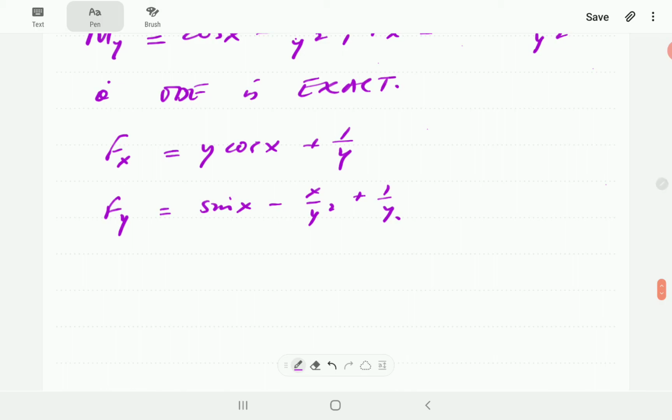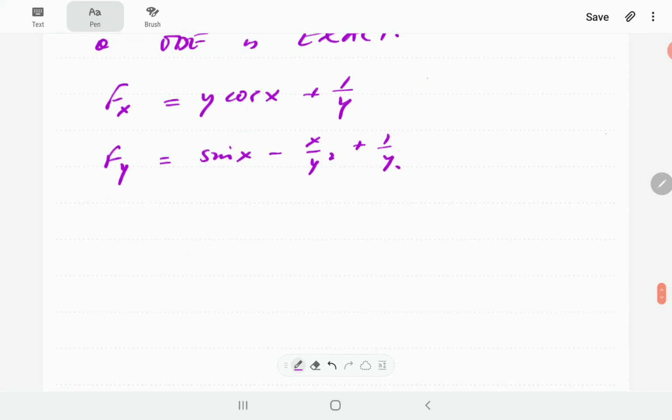All right, then to find f, we integrate this with respect to x partially, then differentiate it to compare with this one. This time I'm going to do it the other way around. I'm going to integrate this one with respect to y partially. Let's call this 2 and this 1.